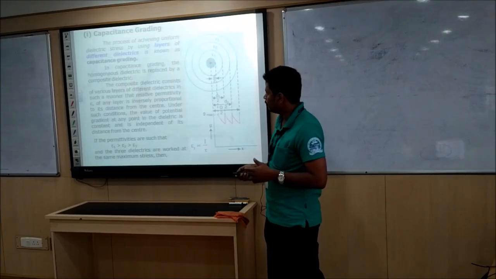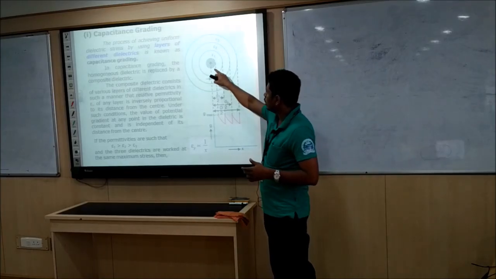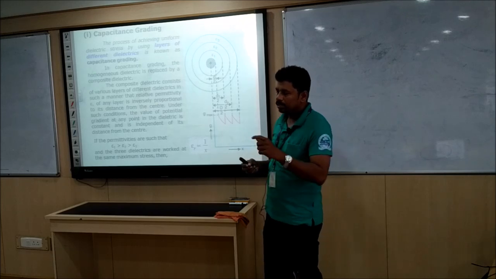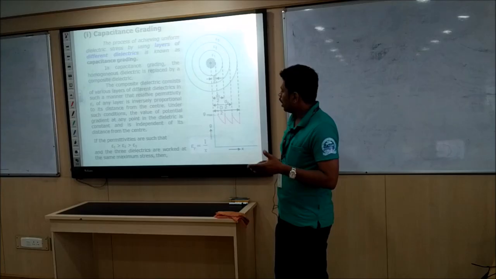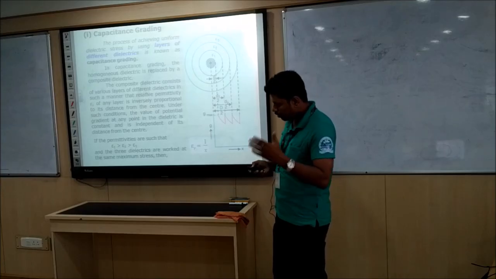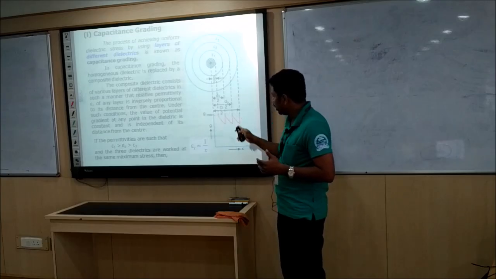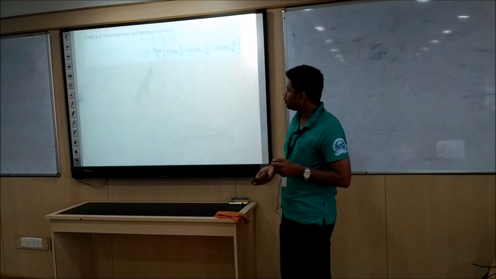In capacitance grading, we go for different materials. You can see that this is the insulator, there are three materials, epsilon 1, epsilon 2, epsilon 3. Each is made up of a different insulation material, so that with different permittivity there is uniformity in the distribution. So the potential gradient is uniformly distributed at each and every point.